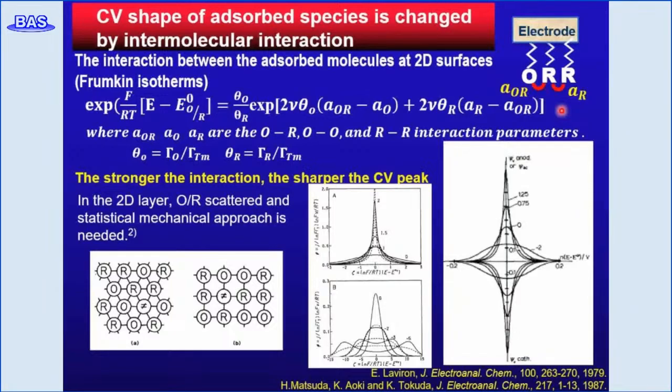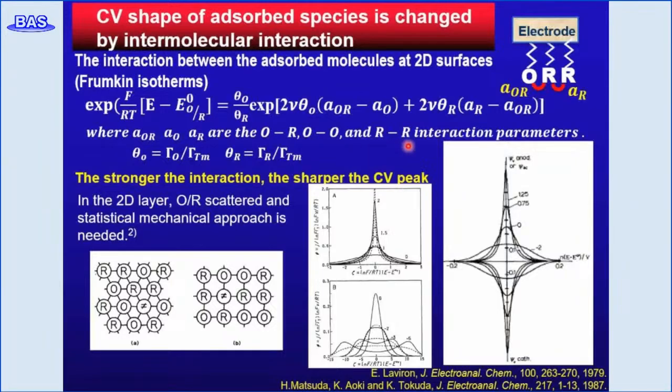When intermolecular interactions are present, an interaction energy term must be added to the terms representing the coverage of oxidized and reduced species, and the equation takes this form. In other words, interactions between molecules in different oxidation states, such as oxidized species and reduced species on the surface, need to be considered.